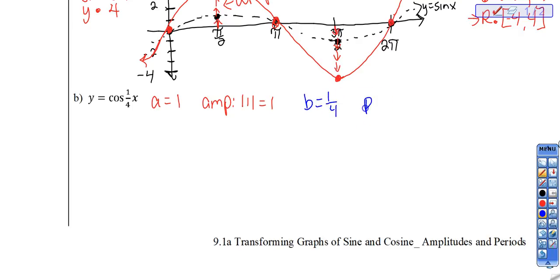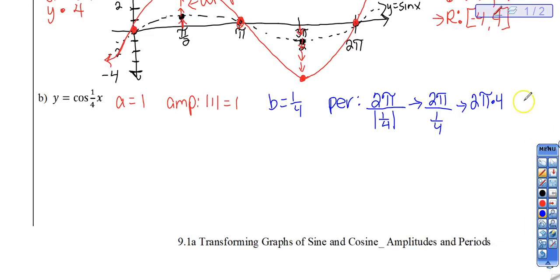1/4. So now we'll find our period by taking the period of cosine, which is 2 pi, and dividing it by the absolute value of 1/4, or 2 pi over 1/4, or better, 2 pi times 4, right? Keep, change, flip.